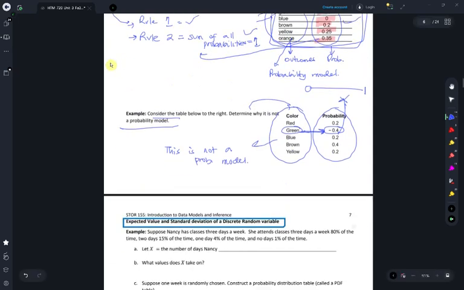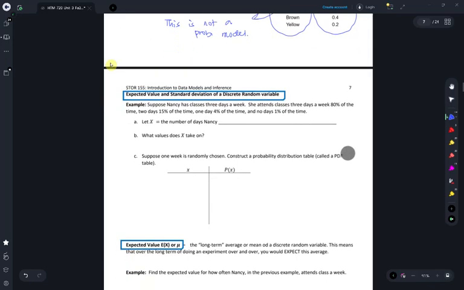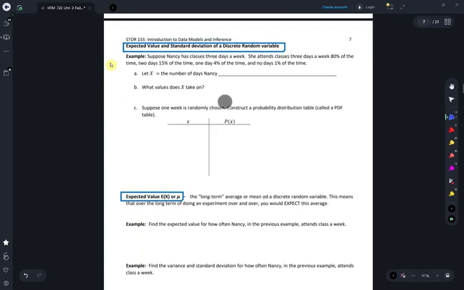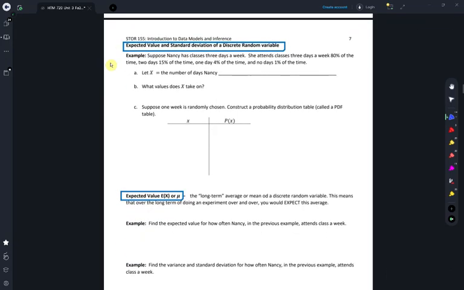All right. With that said, what do we use probability models to do? We can use them to compute the expected value and the standard deviation of a random variable of interest. In this case, we consider an example.